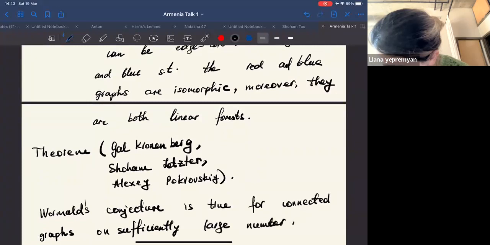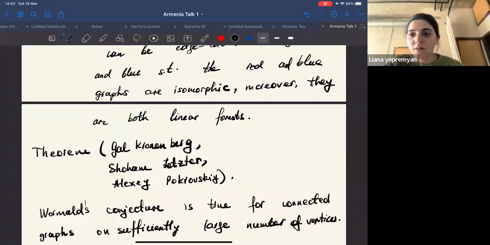When I say a sufficiently large number of vertices, it means that there exists some n0 such that starting from that n0, all the graphs which are connected and are on at least n0 many vertices satisfy the conjecture. Okay. Any questions?